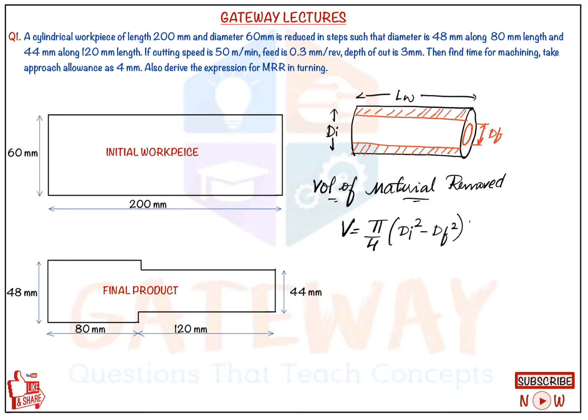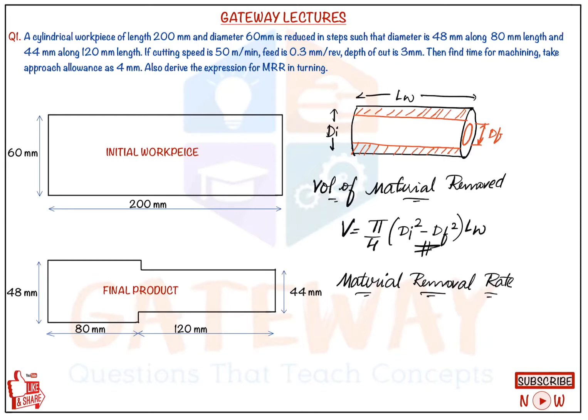This is the area difference, into the length of workpiece. This is the total volume removed by the turning operation in a single pass. Then what is the material removal rate, MRR? Here the term itself says it is a rate. A rate means nothing but with respect to time.